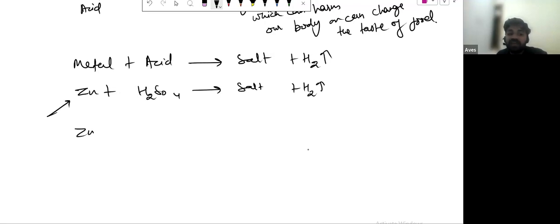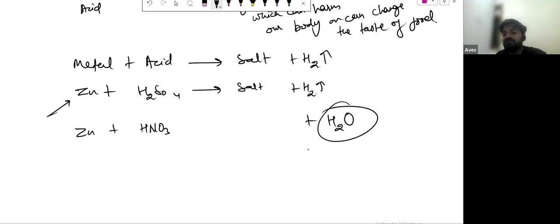If zinc reacts with HNO3, the hydrogen gas will convert into water. So why does HNO3 not produce hydrogen gas when it reacts with metals? Because HNO3 is an oxidizing agent. This is a question from NCERT: why does HNO3 not react with metals to produce hydrogen gas?